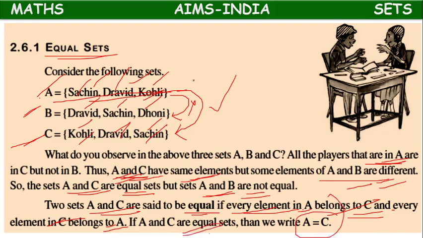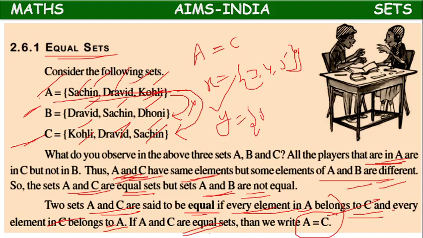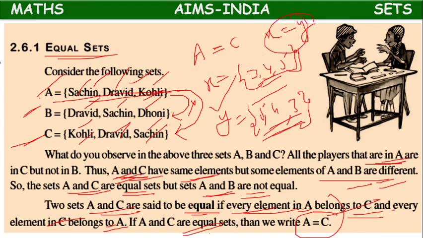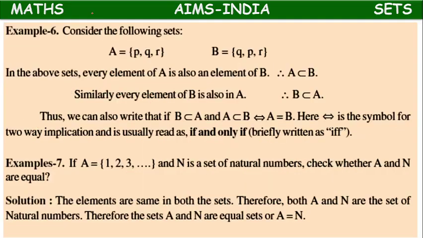They can be represented as A equals C. Means if you have 3, 4, 5 in set X, in set Y also we should have 5, 4, 3. Same elements but in a different order. If they have the same set of elements, then X equals Y, or X and Y can be called equal sets. Next.